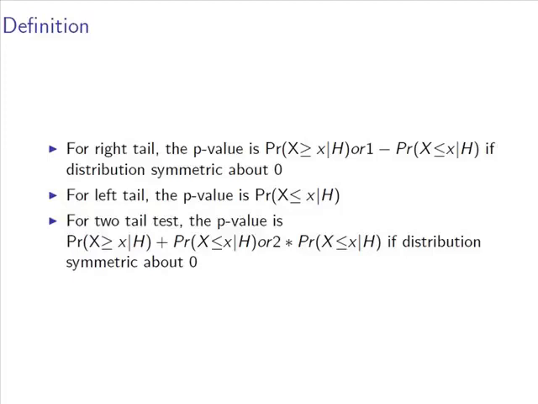For two-tailed test, the p-value is the probability of x greater than or equal to the test statistic plus the probability of x smaller than or equal to the test statistic, or 2 times the probability of x smaller than or equal to the test statistic, if the distribution is symmetric about 0 too.